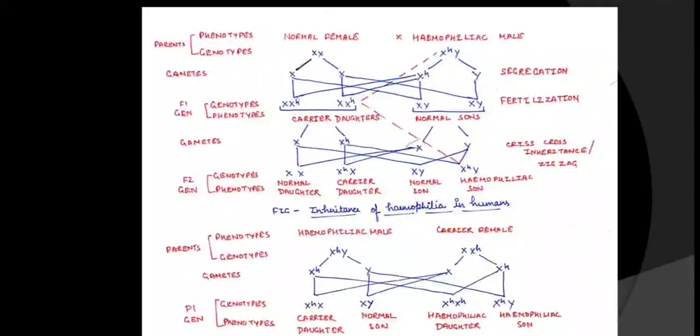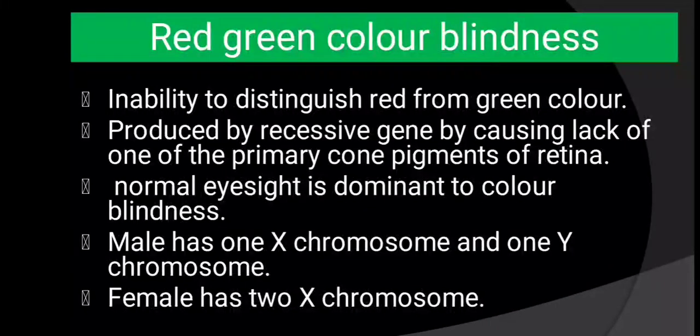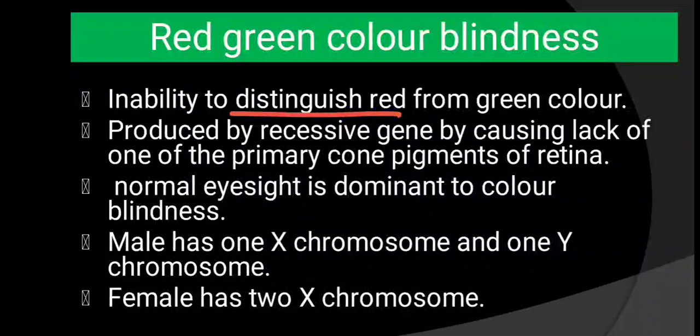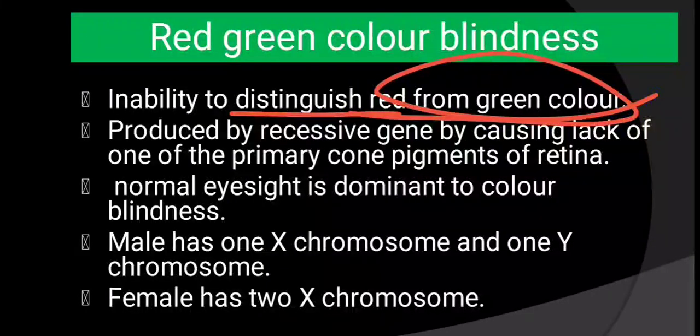Now let's move on to the next disease, that is red-green color blindness. This is also a disease of the sex chromosome. The gene is located on the X chromosome, it is a recessive gene, and in this disease the person is not able to distinguish red color from green color.